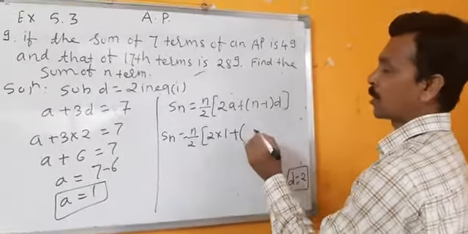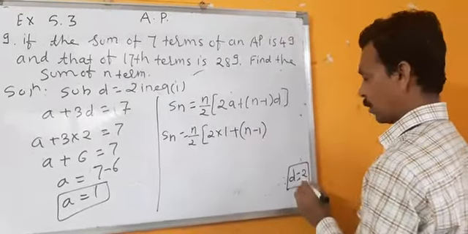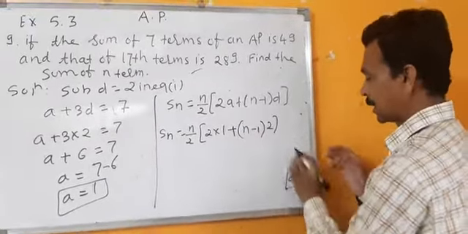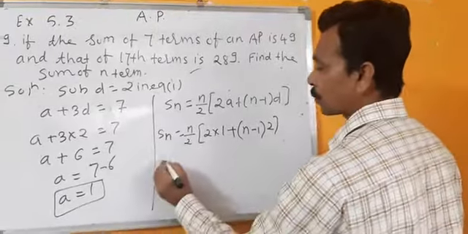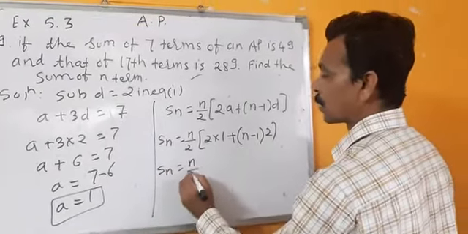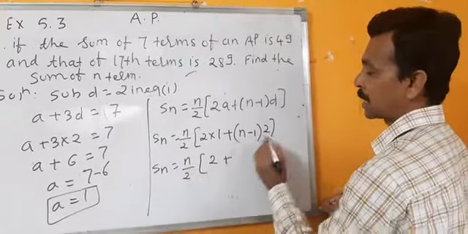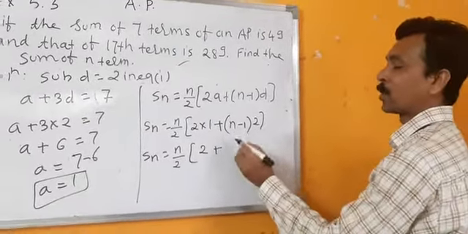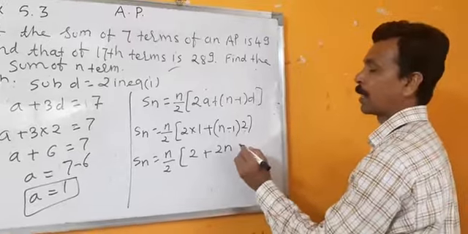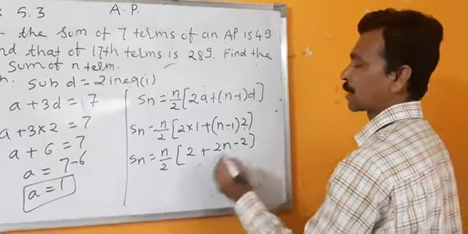n is n only, and d is 2. Sn is equal to n by 2 into 2 ones are 2 plus, open the bracket, 2 into n is 2n, 2 into minus 1 is minus 2.